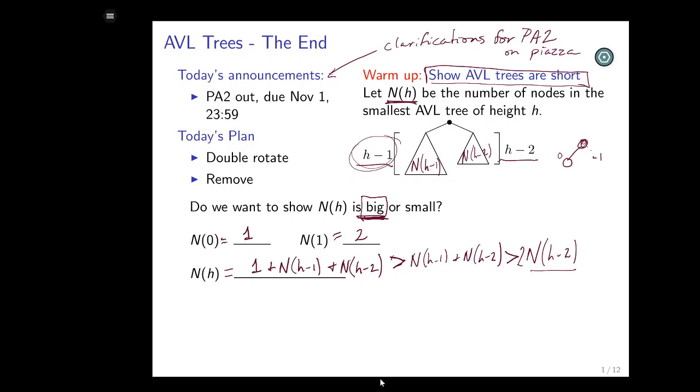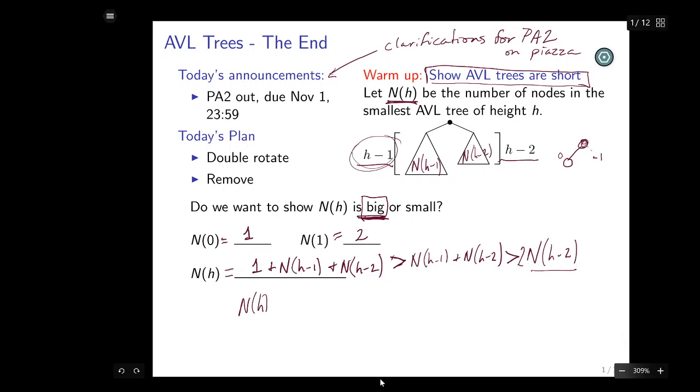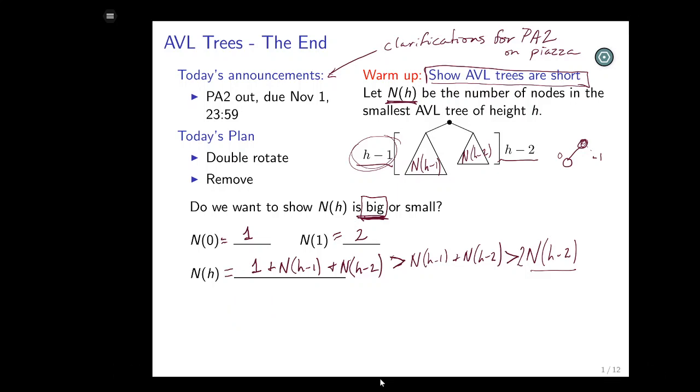What is this going to be? What's the solution to this? N of h is something like, okay, when in doubt, if you really don't know, what's n of 2? N of 2 is greater than 2 times n of 0, so n of 2 is greater than 2.